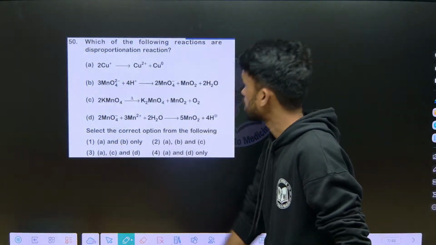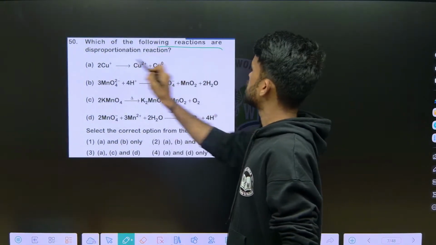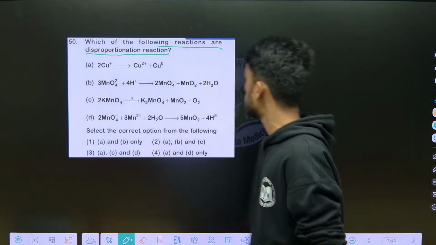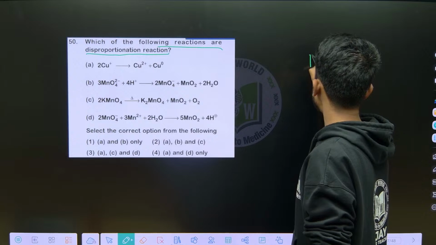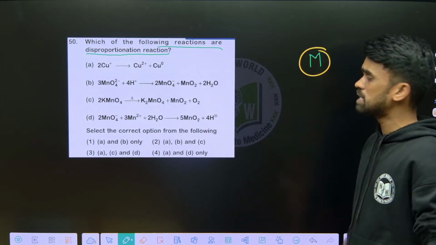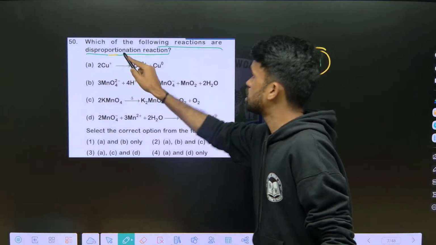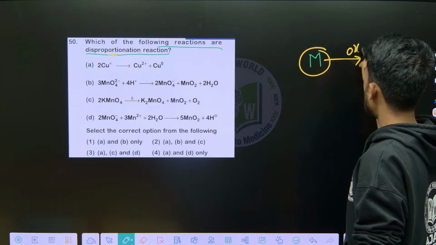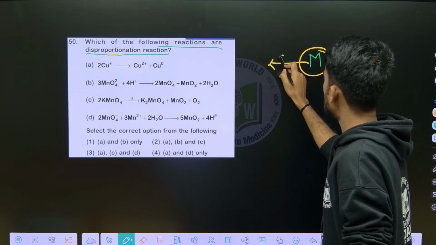Okay. Now here consider which of the following reactions are disproportionation reactions. Whenever they say disproportionation, for example, if an element M is undergoing disproportionation, this element should undergo oxidation and the same element should also undergo reduction.